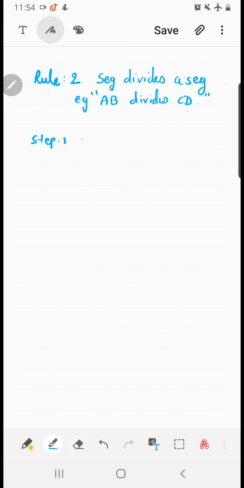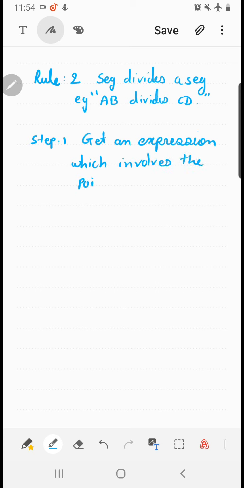So in step number 1, I say get an expression which involves the points which define the segments. So let's take an example.